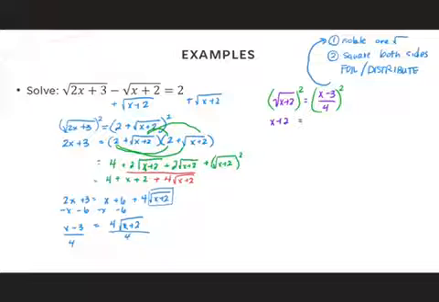Now on the right side, again, back to those exponent rules. When I square a fraction, I can square the numerator and the denominator separately. So I can treat this like x minus 3 squared over 4 squared. And that helps the denominator. It does help the denominator go a lot faster. But it also reminds us that this is x minus 3 times x minus 3 over 16.